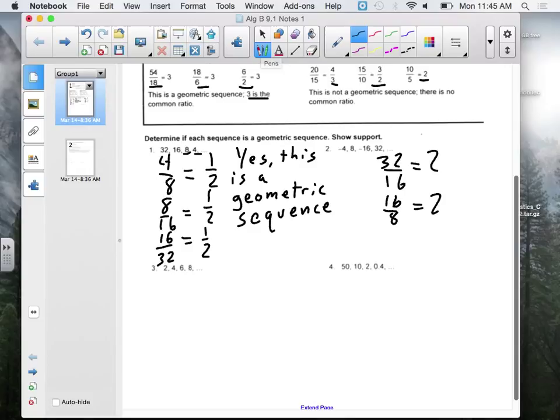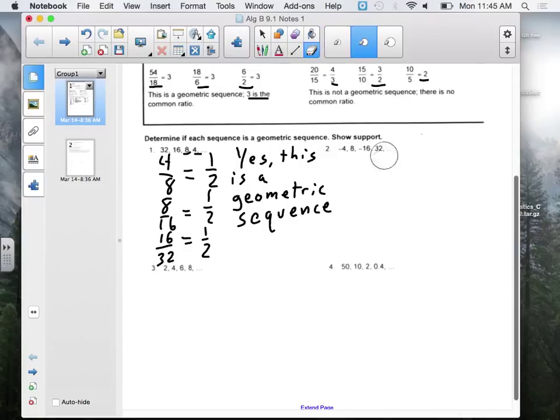No. So we have to make sure, when we find the common ratios, we're actually finding the multiplier. So let's see if our multiplier that we found is good. This is how you can check yourself to see if you did it right. Is 32, the first term, times our common ratio 1/2 the next term, 16?